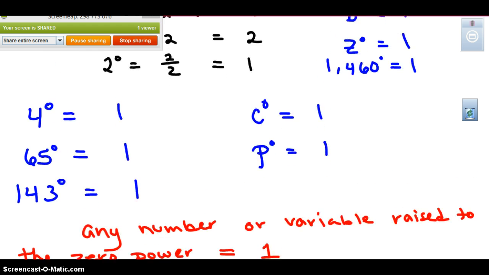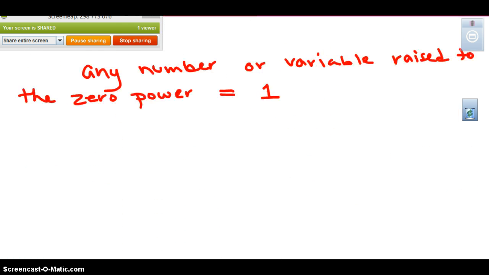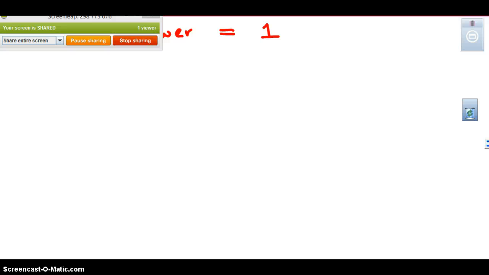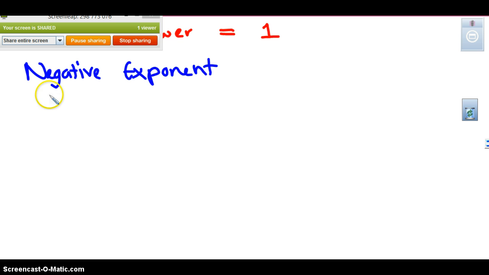Now there's only 2 rules we're using today. The next rule would be negative exponent. We'll write it in words once we finish.